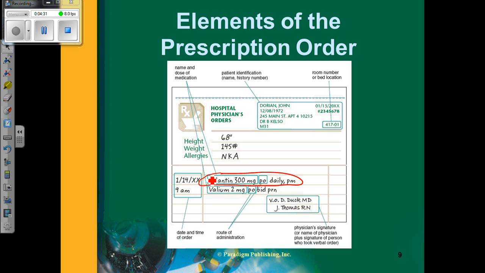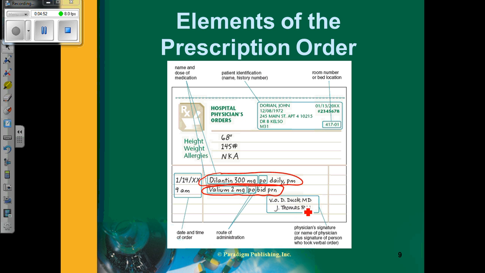That one is dilating 300 milligrams by mouth daily as needed in afternoon or evening, and Valium 2 milligrams by mouth twice a day as needed. So you can see they have the 2 prescriptions on here, and it is going to the hospital pharmacy to be processed.